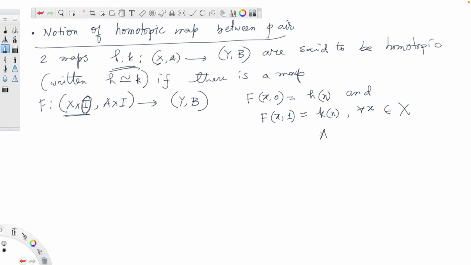So it's evident that A cross I is a subspace of X cross I. Okay.